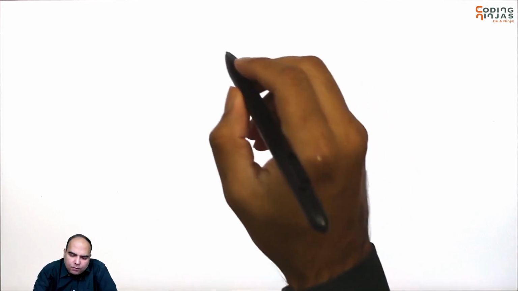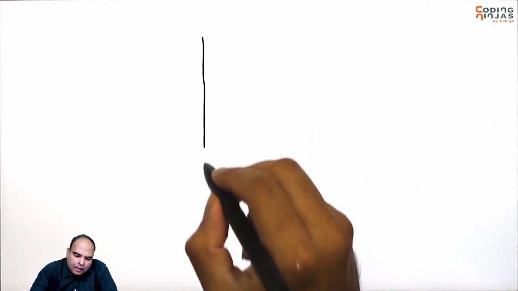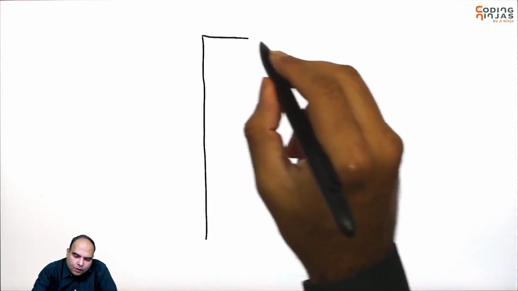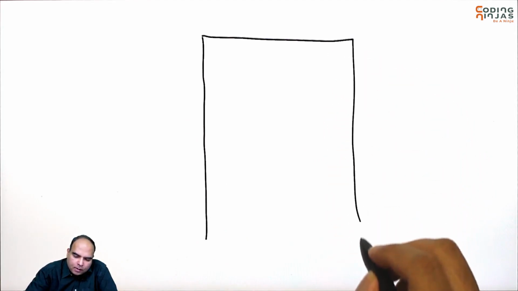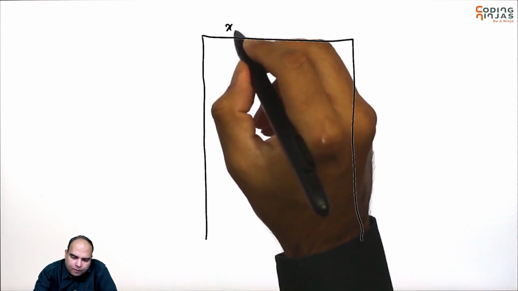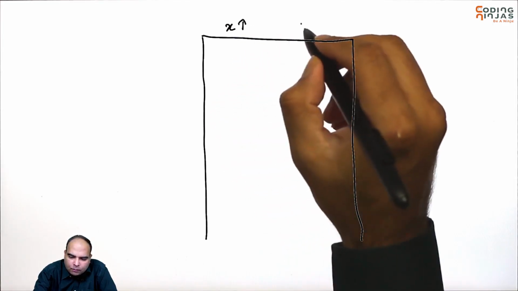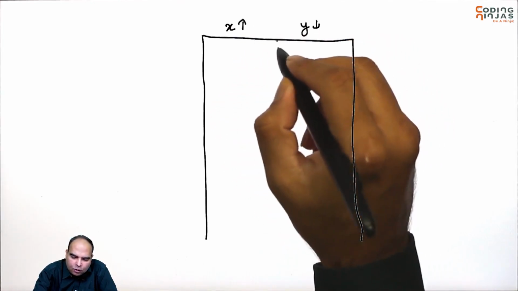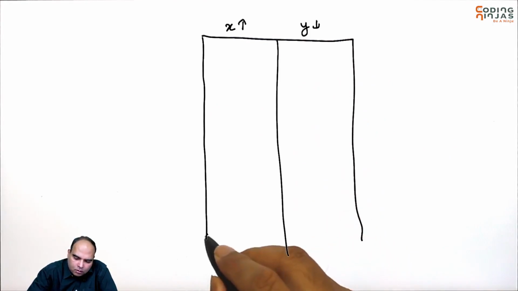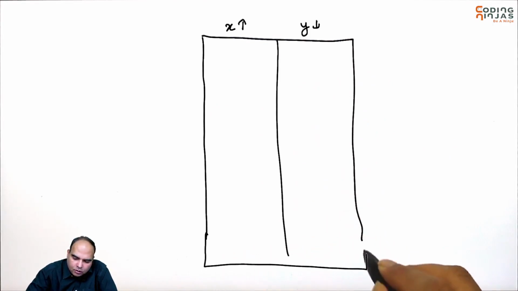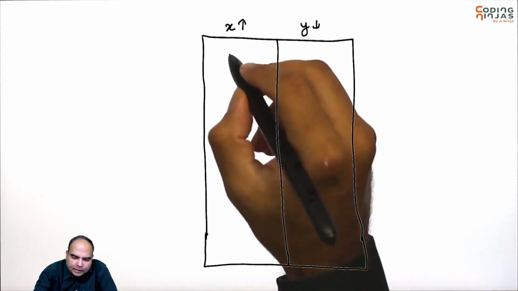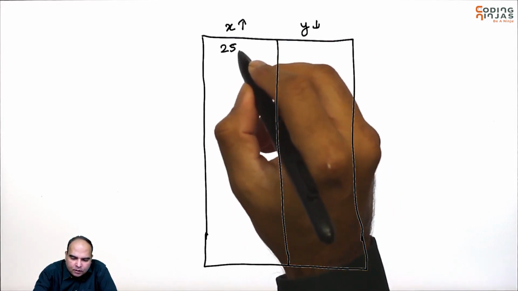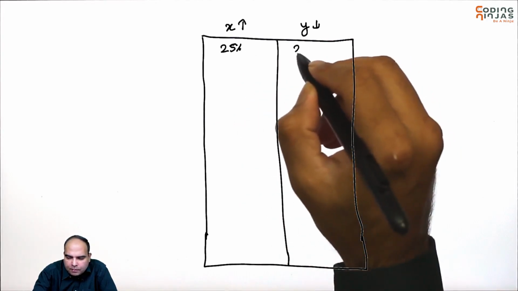And this view is that if you look at those pairs that we talked about last time, if x increases, y decreases, in a product change. If x is increasing by 25%, y is decreasing by 20%.